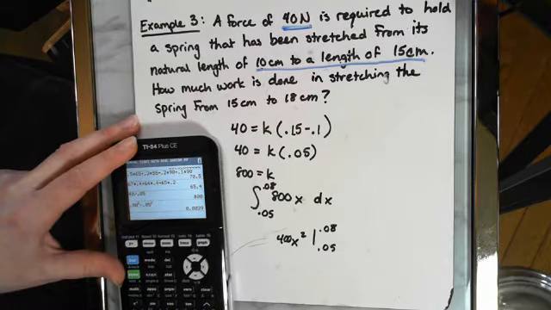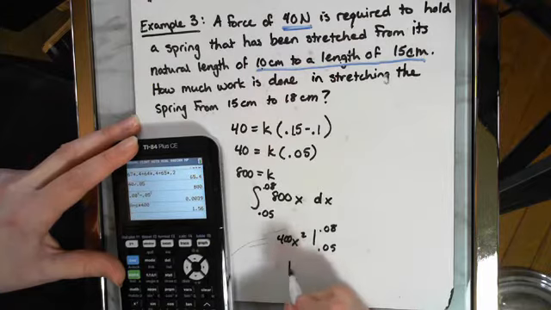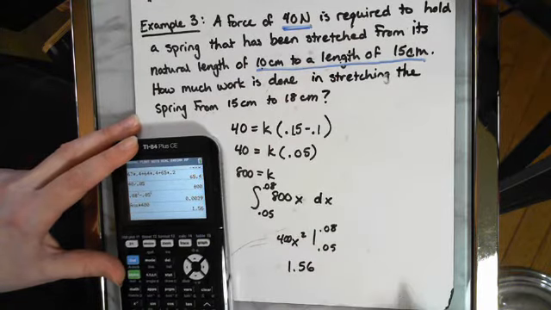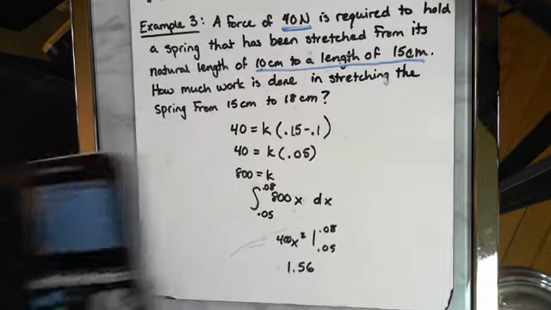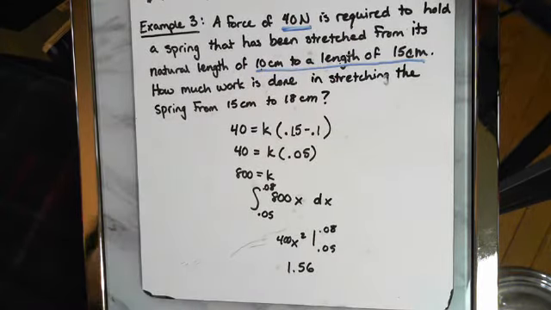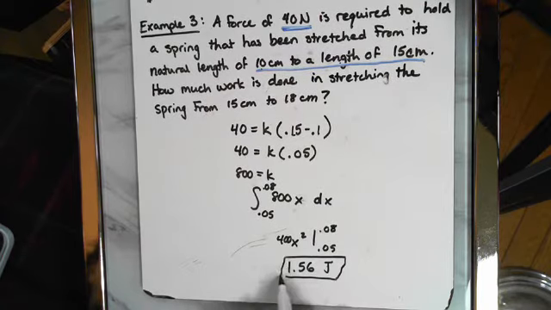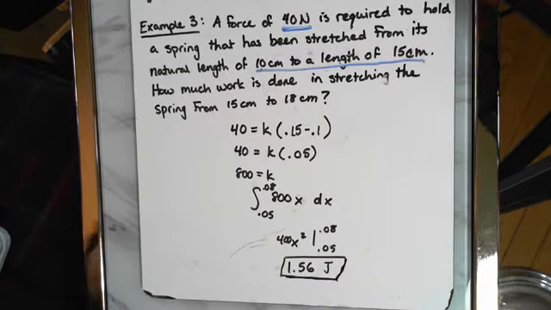I'm going to hit enter, and then times 400. And that is 1.56. Okay, and we are working in newtons. So this is in newton meters, also known as joules. So it's 1.56 joules. Okay? So that's it for that example.